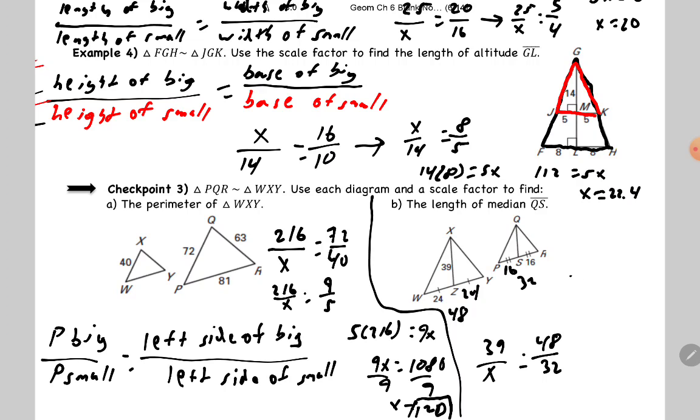When I cross multiply, I'm going to go 48x equals 39 times 32. So I'll get 48x equals 1248, divided by 48, and you'll get QS being 26.